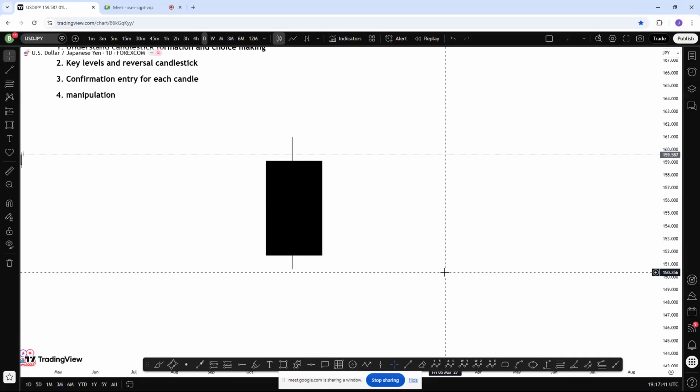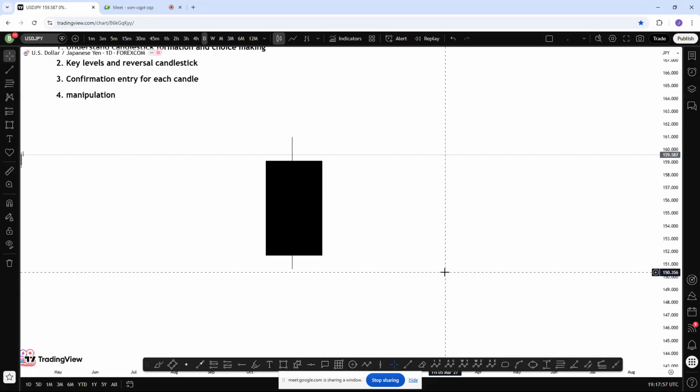Are you going to trade a yearly candle, or a monthly candle, a weekly candle, or a daily candle, or 4 hour candle, or 1 hour candle, or 15-minute candle? This is something you have to do before you do anything else.